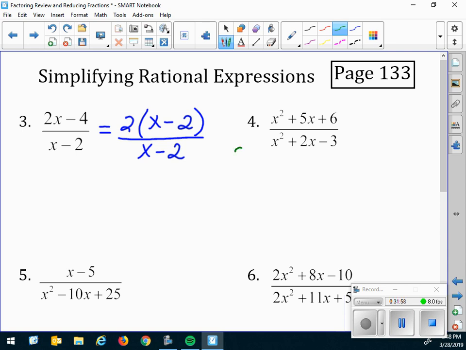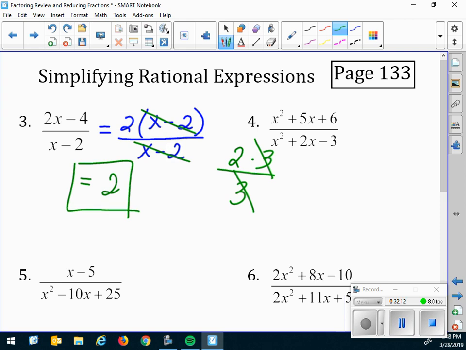This would be the same thing as saying 2 times 3 divided by 3, because I can factor out that whole thing. The answer is 2.